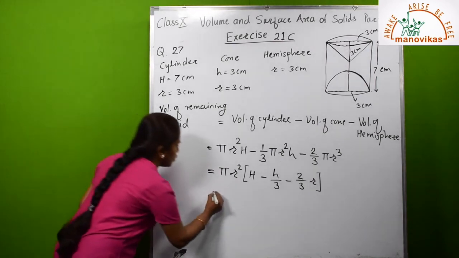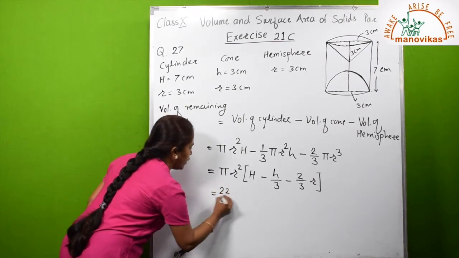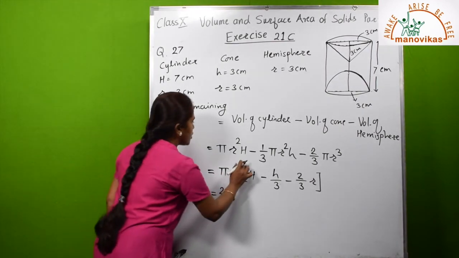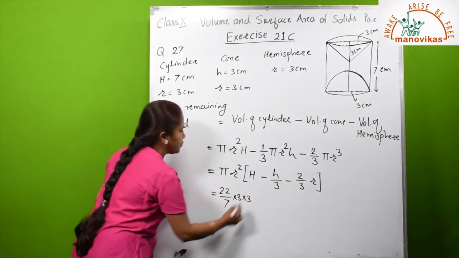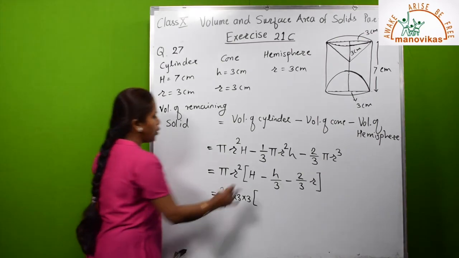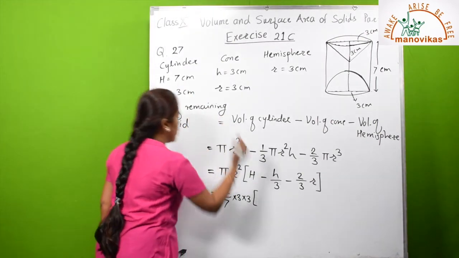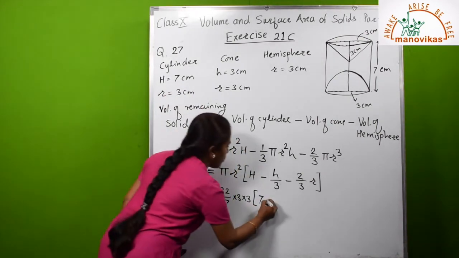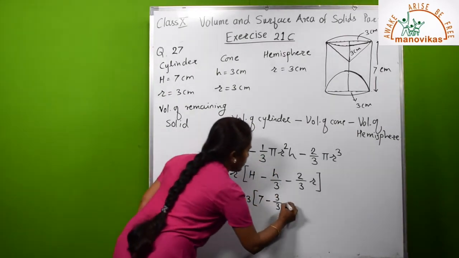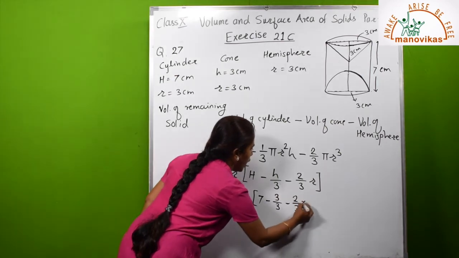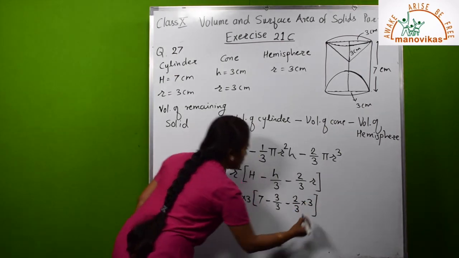Okay. So here pi value is 22/7. R square, that is 3 square, 3 into 3, is equal to H, capital H, that is height of cylinder is 7, minus height of cone is 3. So 3/3 minus 2/3, radius is 3.